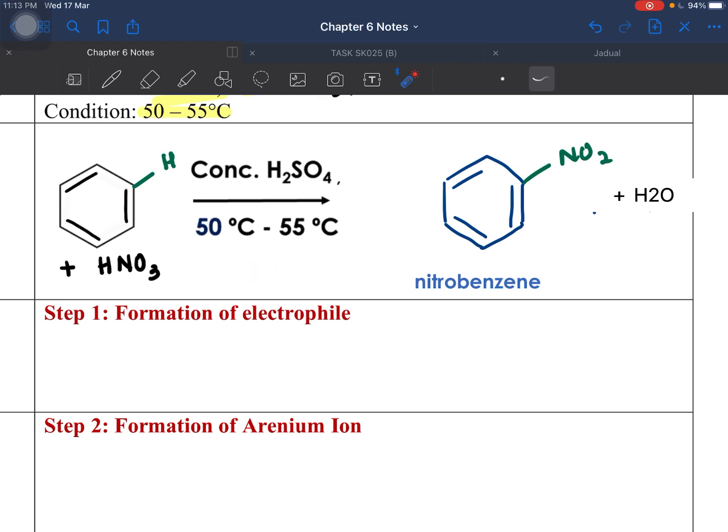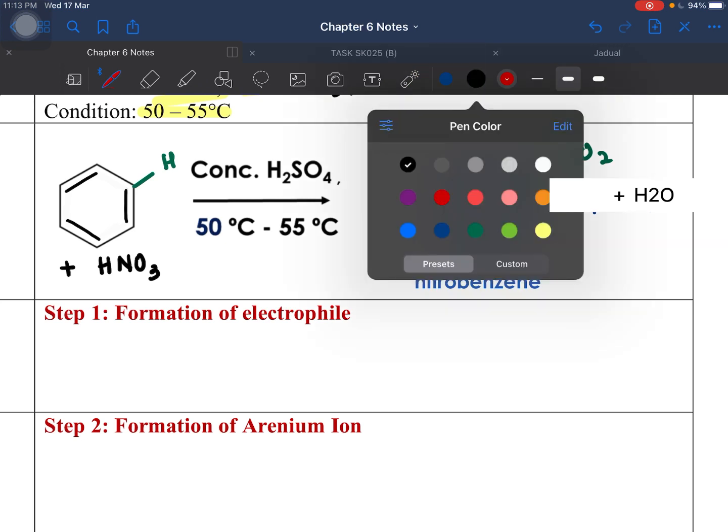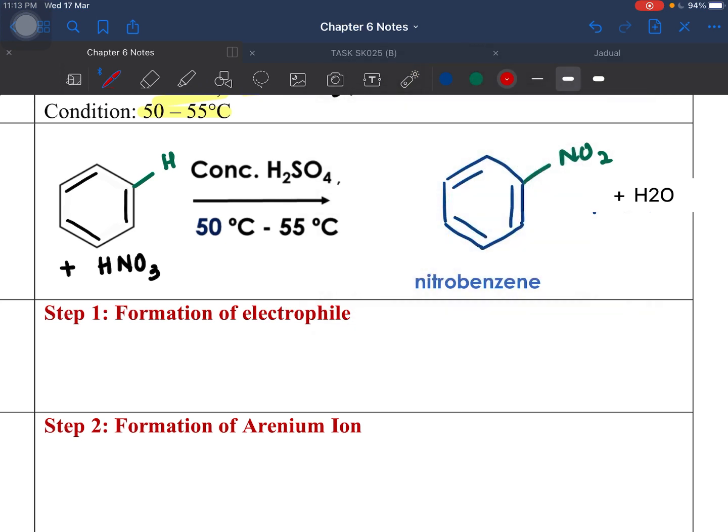Okay, so for nitration, untuk nitration ni kita akan tulis dia punya equation begini. Alright, so for the first one kita ada HNO3. So expandkan dulu this HNO3, dia akan react dengan H2SO4.